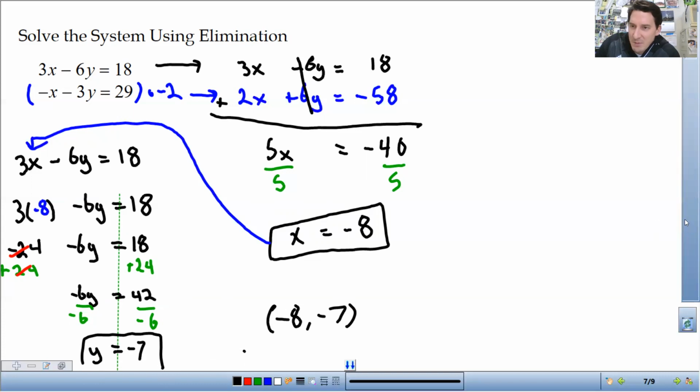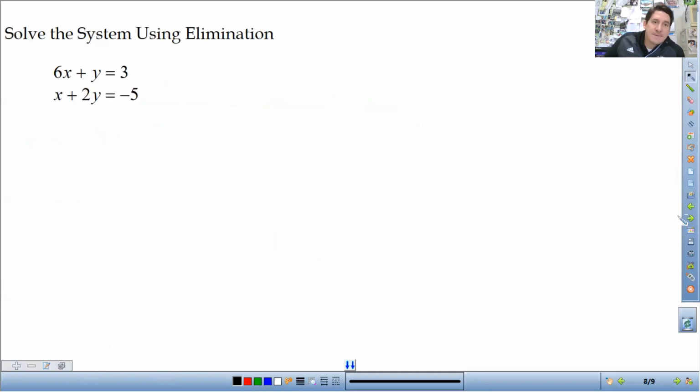And work through one more problem. So here, again, we have some options on this one. I can eliminate the x's by turning this 1x into a negative 6x, multiply the bottom by negative 6, or I can eliminate the y's by turning this 1y into a negative 2y. I think that's what I'm going to do, just because then I'm multiplying by a smaller number.